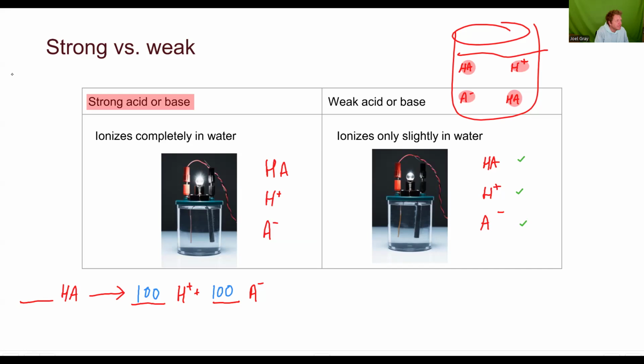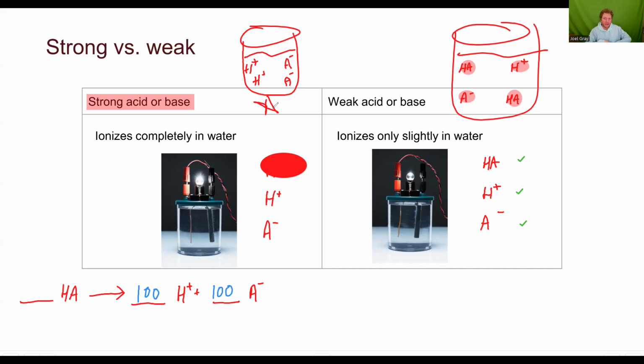If I do not see that HA, and I only see H plus and A minus, so something like this: H plus, A minus, H plus, A minus, is that going to be a strong or weak acid? Absolutely. Great job, everyone. That's fantastic.